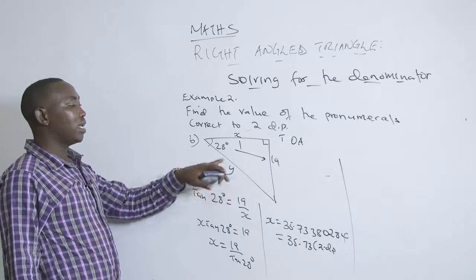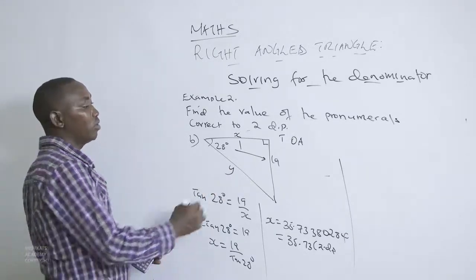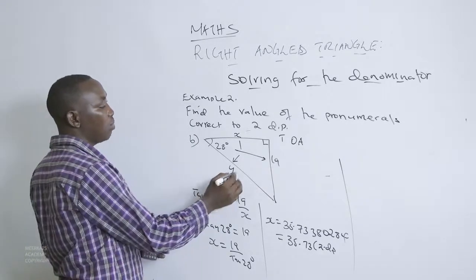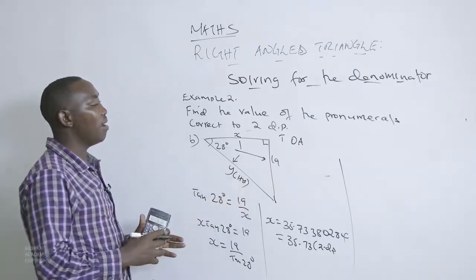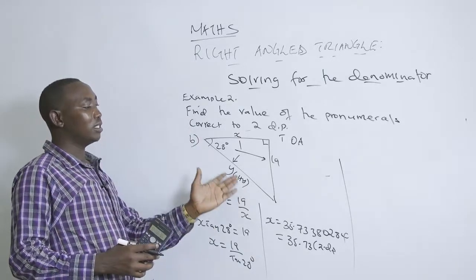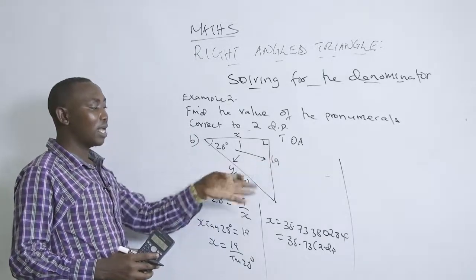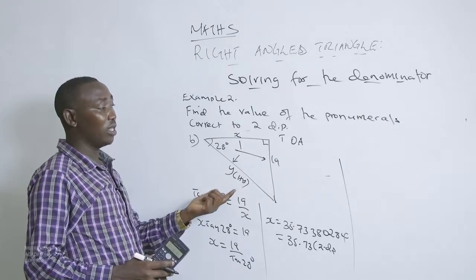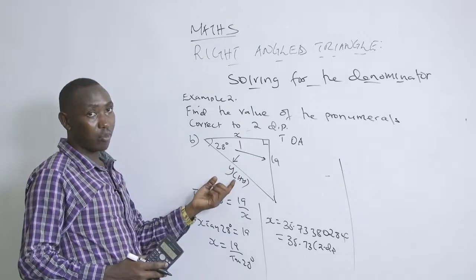We also need to get the value of y. Again, we need to know that y in relationship to this angle is the hypotenuse of this triangle. Given that this is the hypotenuse and you have been given 19 as the opposite, we would need a trigonometric ratio that has opposite and hypotenuse.